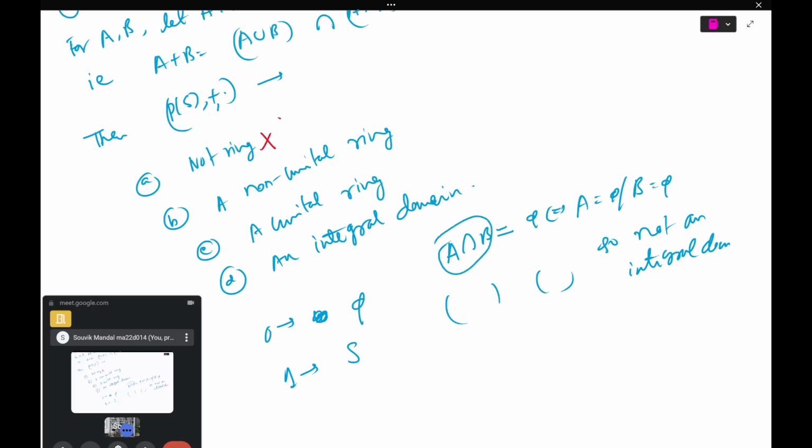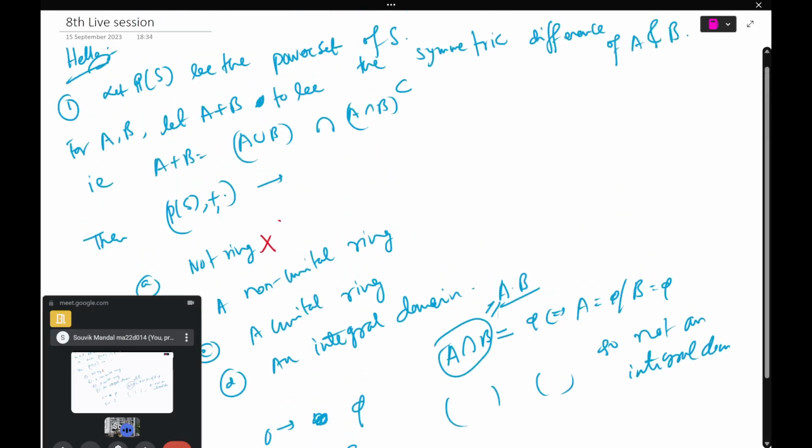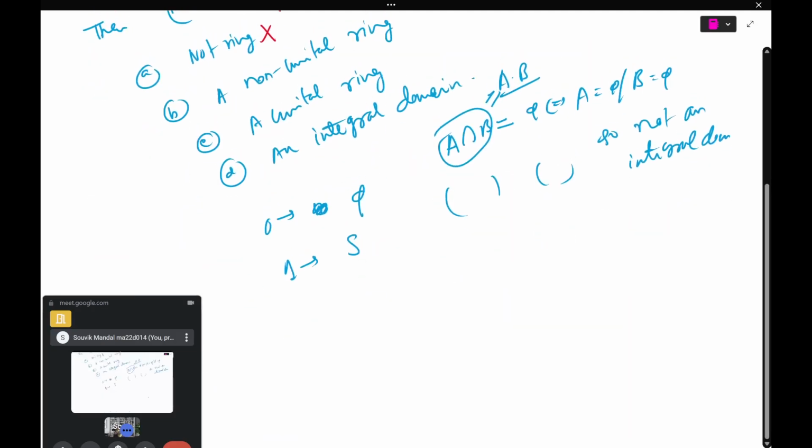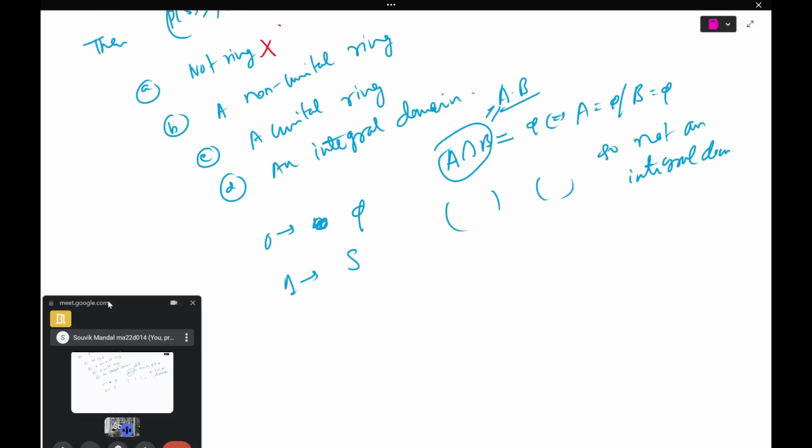Really, what is the intersection A is equal to A dot A? Is there an identity?